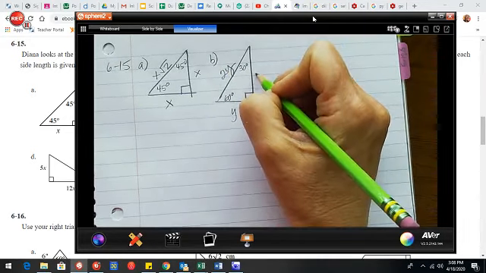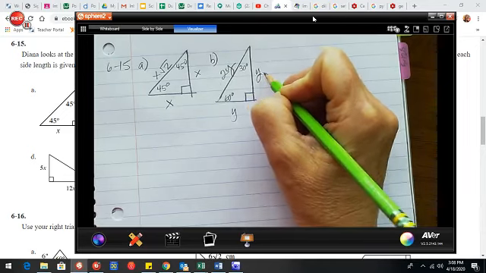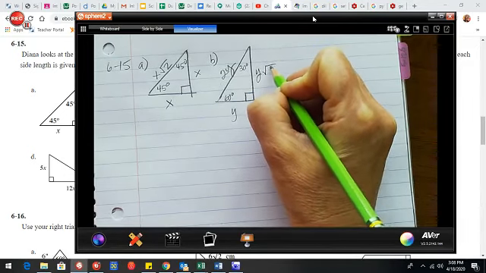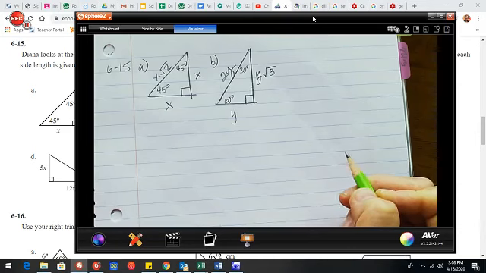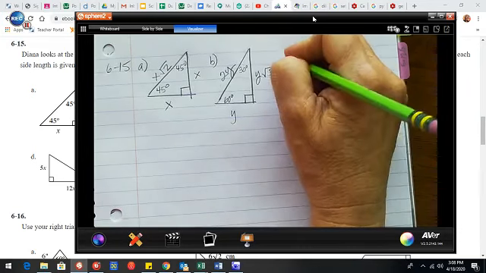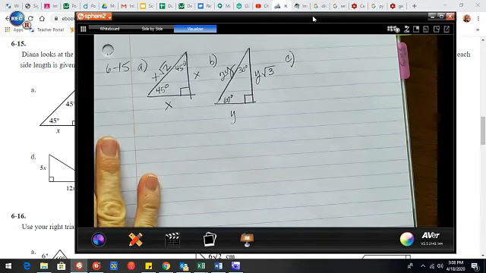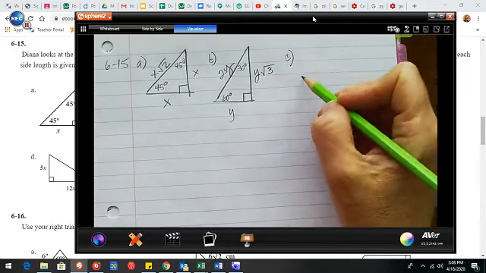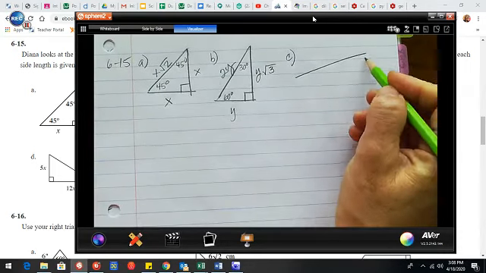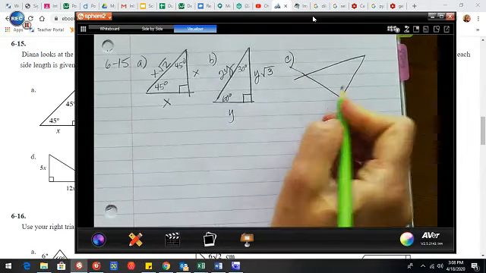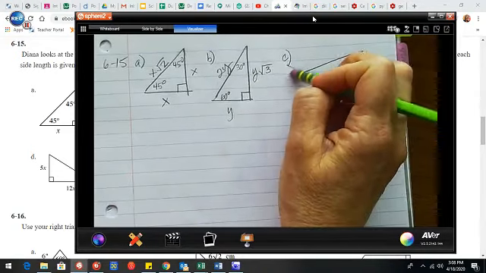And then the long leg is the short leg, y, times the square root of 3. And it's hard to remember these if you're not using them all the time. The reason I know these so well is because I had to use them all the time. So that's why I wanted us to do more practice this week than learning more new things.